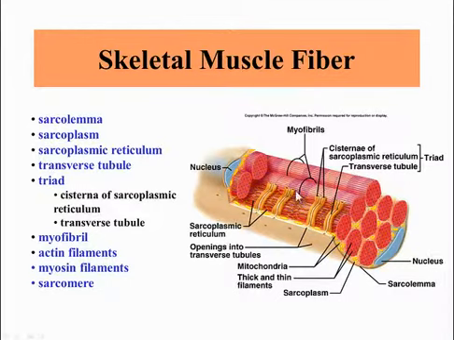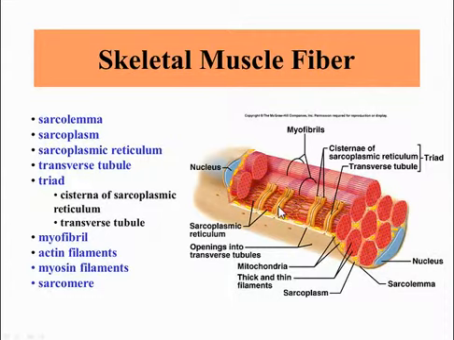The transverse tubule is right here. It is in the center of these other two tubes, and these are called the cisterna of the sarcoplasmic reticulum. I said this was a transport system, and things dump into these cisterna so they can be transported.